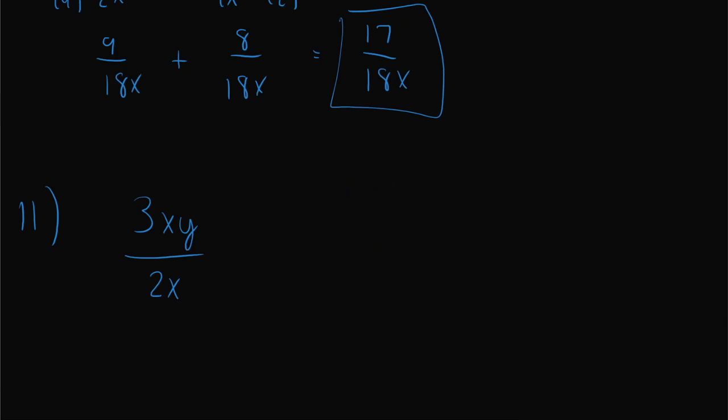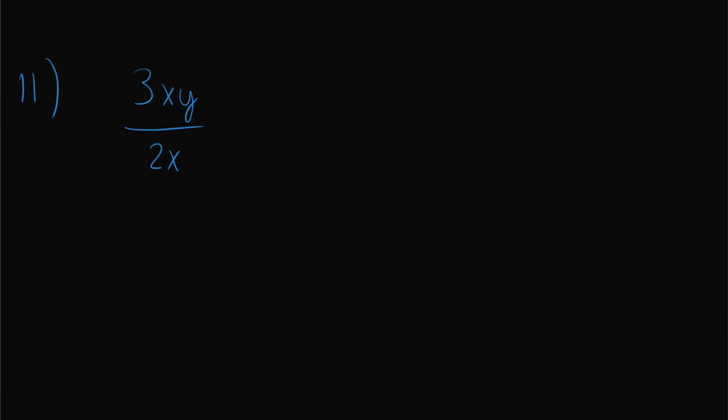Looking at our last one, here again we have two variables and a fraction. The good thing about having variables and fractions is that a lot of times you can cancel things. So what I'm going to do here is separate this and rewrite it.